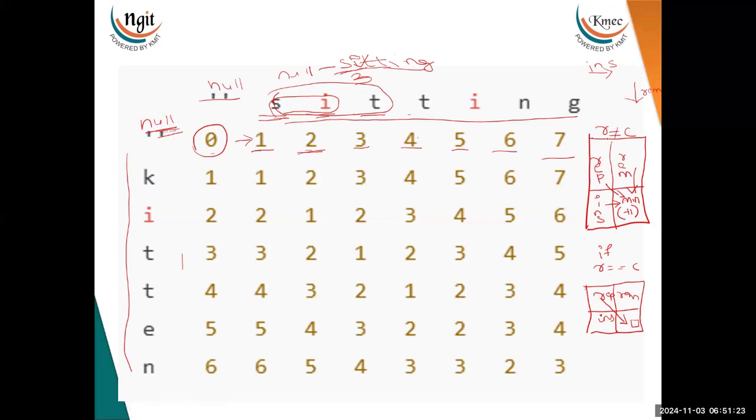So you might have a question. I told you if row is not equal to column, we have to consider the minimum of these 3 and just add 1 to it, right? So I'll explain any one point now here. Yes, consider this 3. Now K is being compared with T here, right? I'll draw a line.